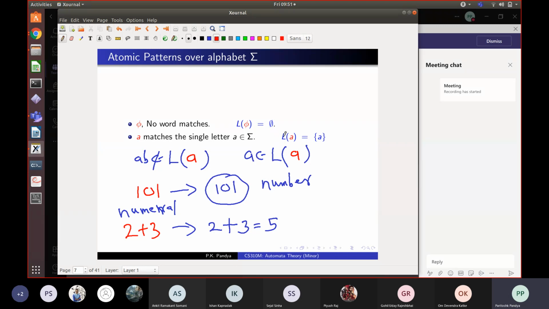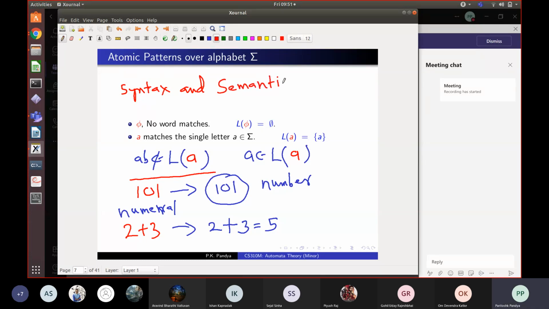Sir, I have a question. Yes, please. In that first, are these definitions or is this following from something? No, these are definitions. So we are defining what kind of atomic patterns we have, which I list in red, and on the right hand side in blue, I am defining the language. So I am defining here what is called syntax, on the left hand side in red, and its semantics, which is its meaning as a language, together, right?